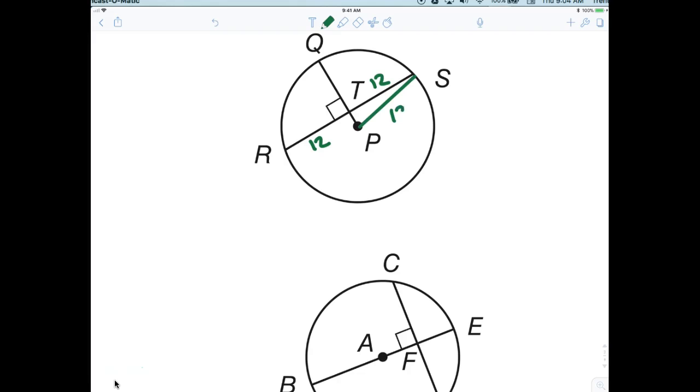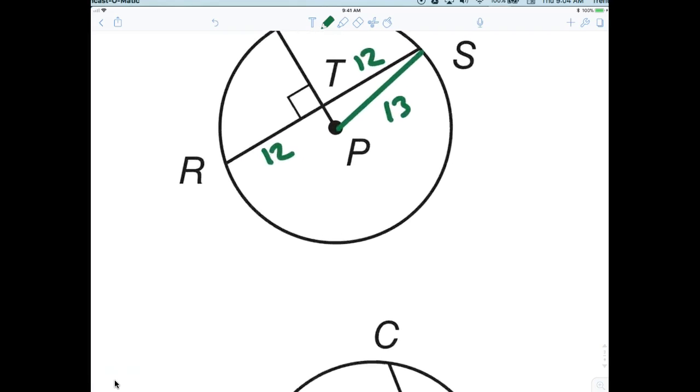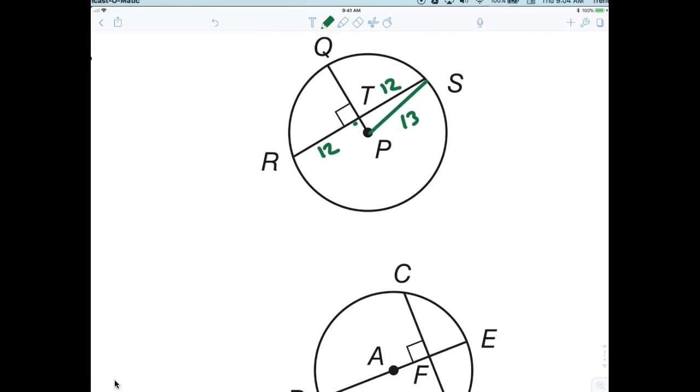Now the problem is simple, right? Because now from here to here is 5. And then that makes this what? 8. If you're having trouble in a circle measuring something or finding something, think about drawing a radius in somewhere. That usually will answer the question.